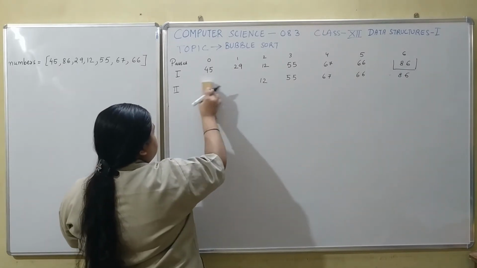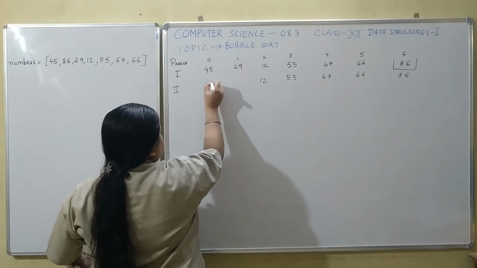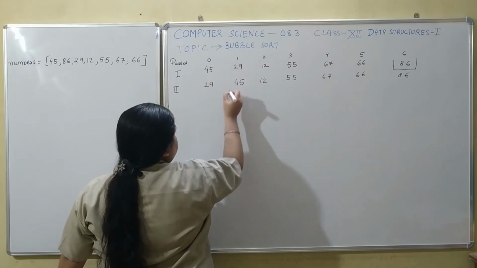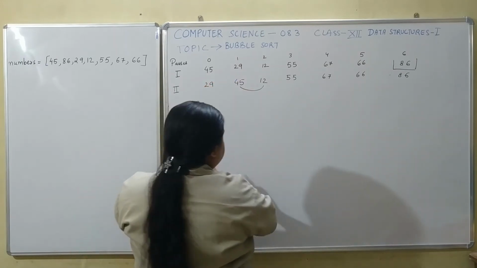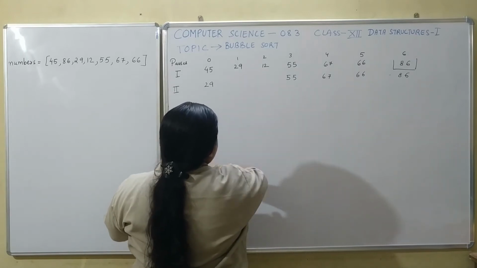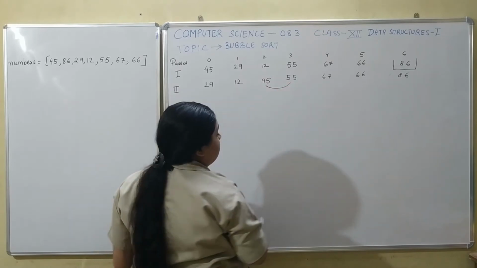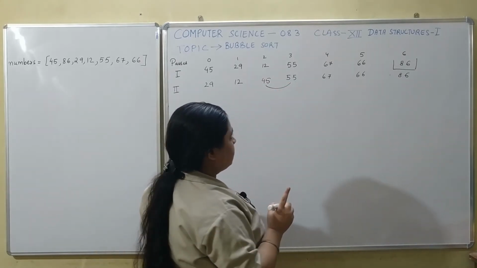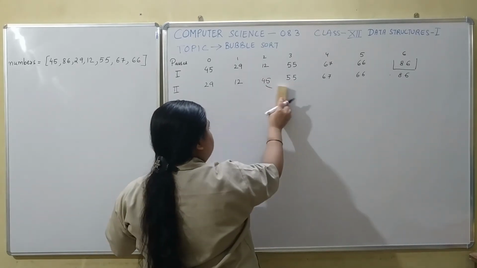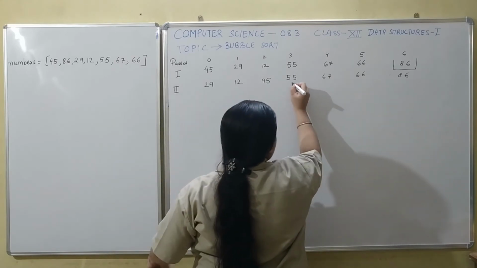Answer is yes. Is 45 greater than 12? Answer is yes. Is 45 greater than 55? Now here the answer is no. So our bubble will travel forward without making any changes.